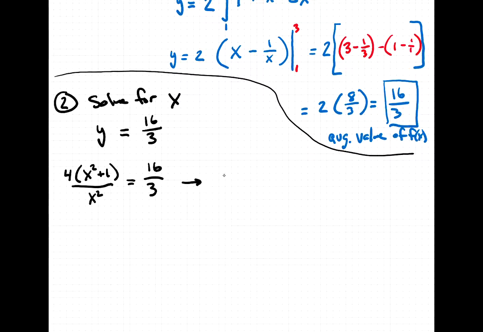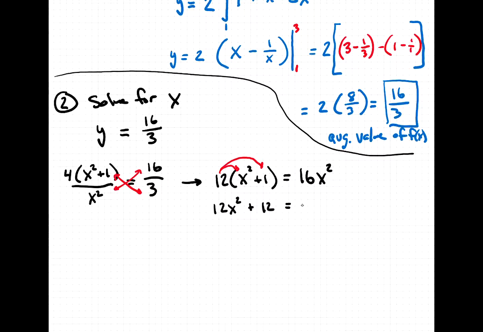So we could say 3 times the numerator here, so that's 12 x squared plus 1 equals 16x squared. So here we cross multiplied. Now distribute the 12. So 12x squared plus 12 equals 16x squared.